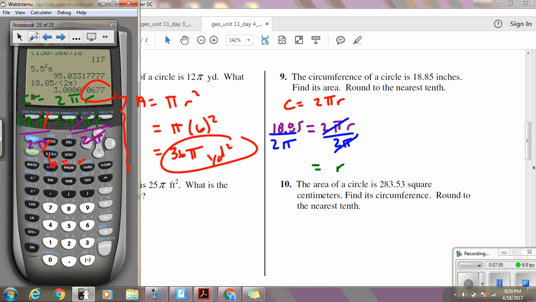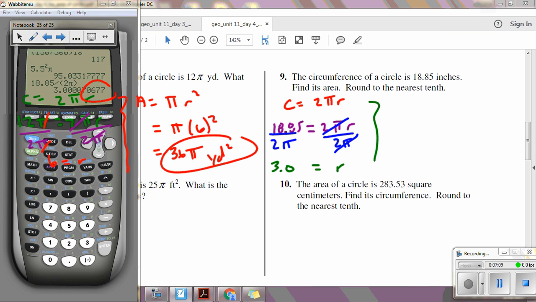So my radius is about 3.0. Now I can find my area. Area is equal to pi times radius squared. So that's pi times 3 squared. And it's said to the tenths. So I can literally just take my answer and square it.